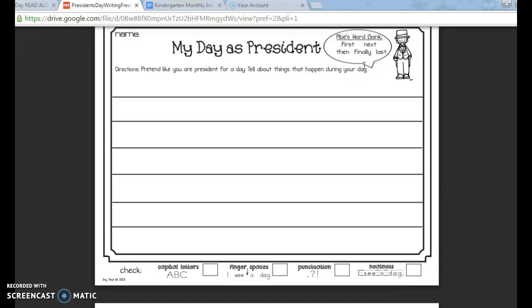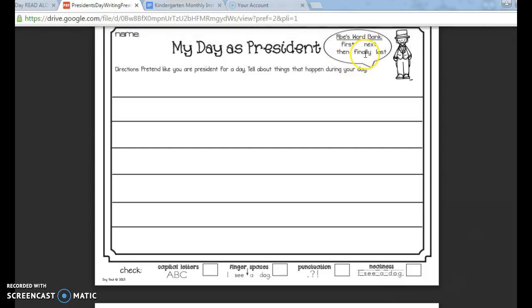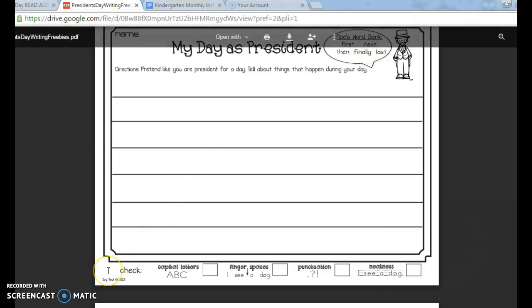These are words to help guide your writing, words that you may want to use as you're writing. It says first, next, then, finally, and last. So this is Abraham's word bank to give you some ideas of words that you can use in your writing.